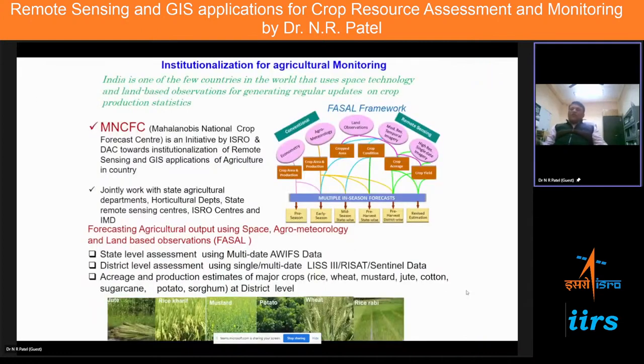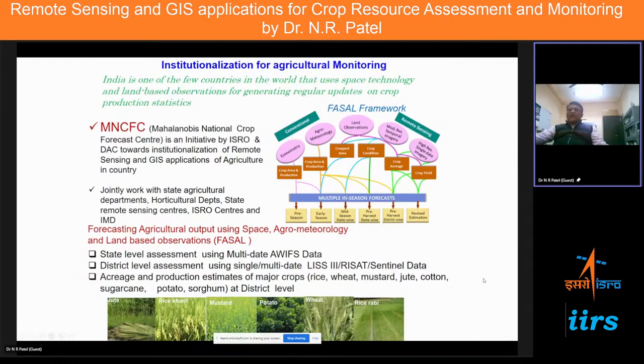For operational monitoring of agriculture, we have one institute called the Mahalanobis National Crop Forecast Center. This center is mandated to provide regular updates on crop statistics at district level and state level.